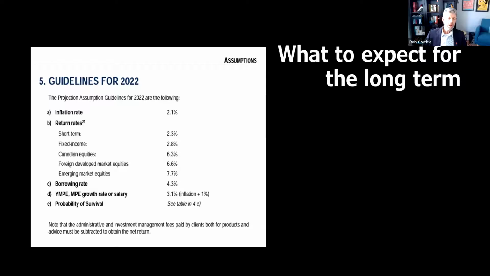But if you work all these out, 2.8 for bonds, 6.6 for stocks, you're going to get balanced portfolios producing 3, 4, 5%, depending on how much you have in bonds and what stock markets you use and how much you pay in fees.